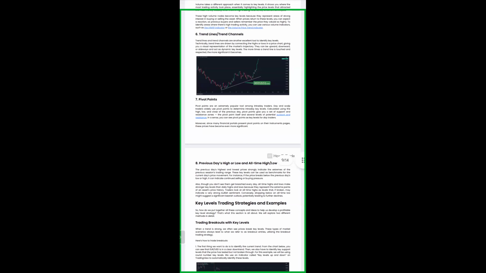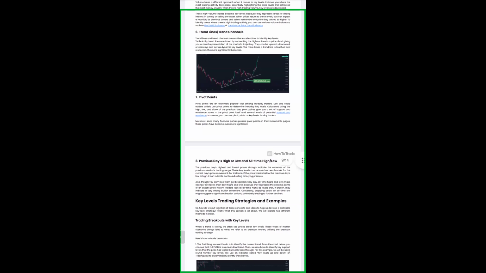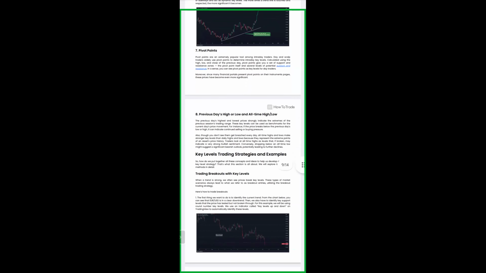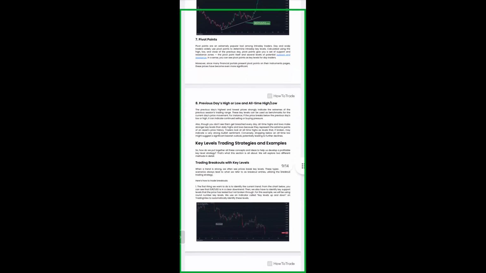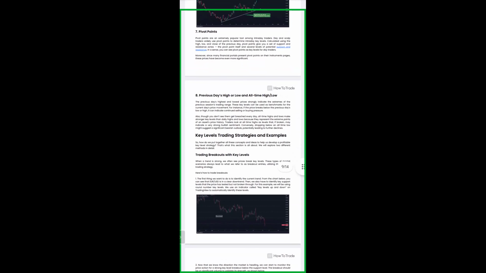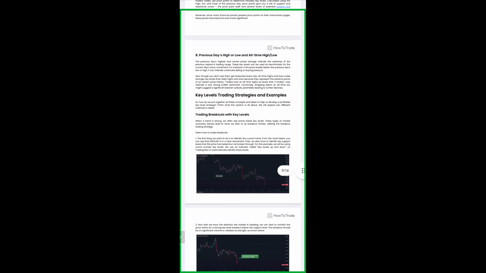Because this calculated use of previous highs and lows helps in identifying potential support and resistance levels for the current day. So that's another way of identifying key levels, looking at the highs and lows of the previous day to determine those for the present day.